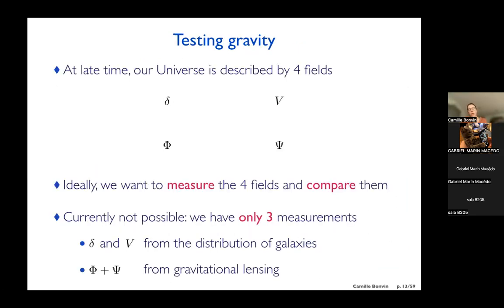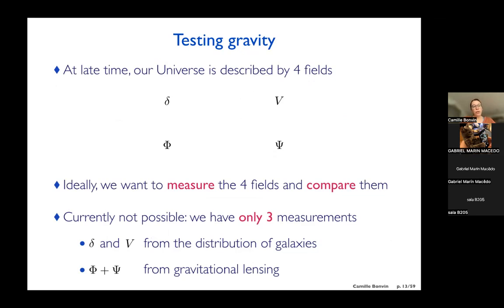So to understand how we test gravity and why this effect is useful, we need to describe a little bit what we mean by testing gravity. What we want to do is to test gravity at late time, so during the stage of the accelerated expansion of the universe, where we can observe galaxies, so between redshift 0 and, let's say, 3.